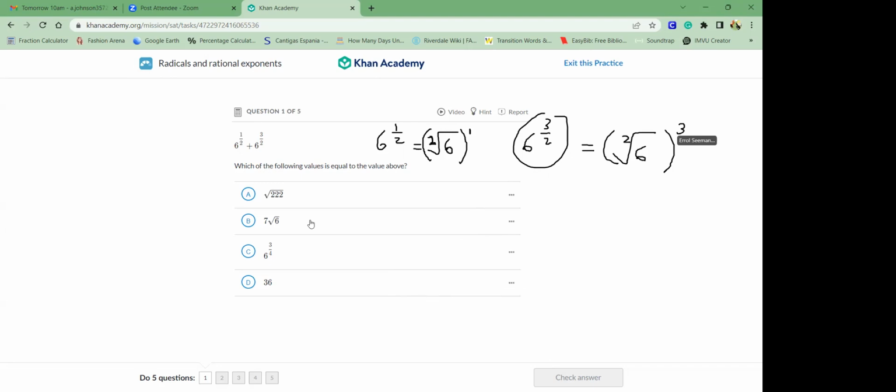So this question is the same thing as root 6 plus root 6 to the power of 3. Okay? We don't need to write the 2 there and write the 2 there. We don't need to do that. Okay? So what does this question equal then? Oh, I forgot the 3 there. 3.